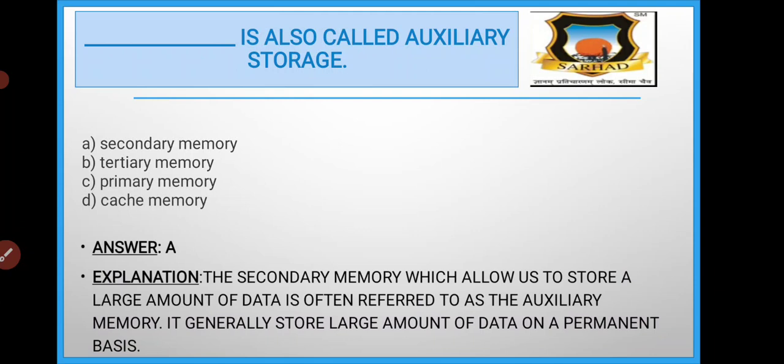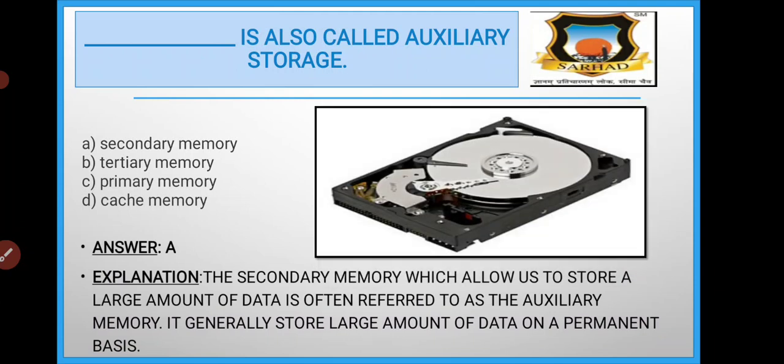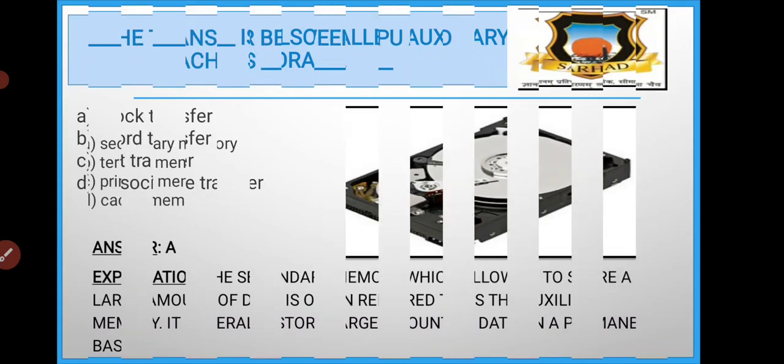So secondary memory is also called auxiliary memory. Option A is correct. This is the figure for auxiliary storage.